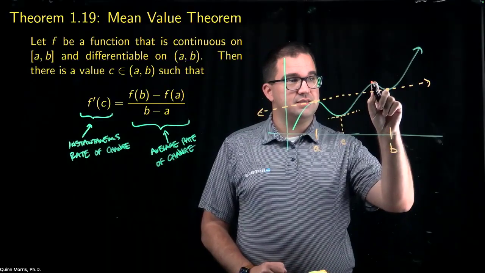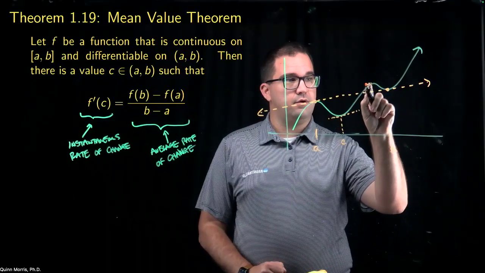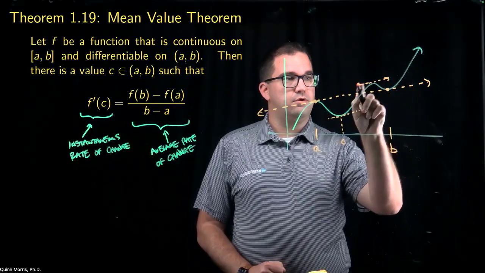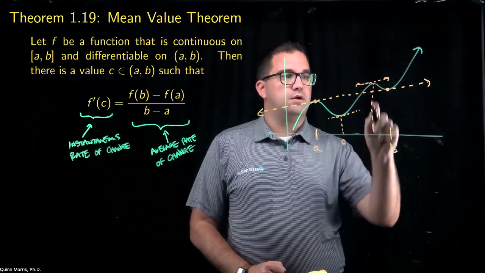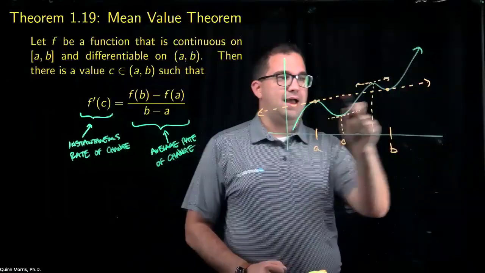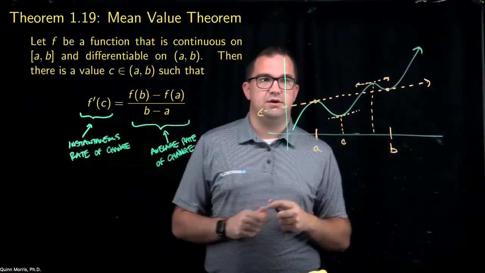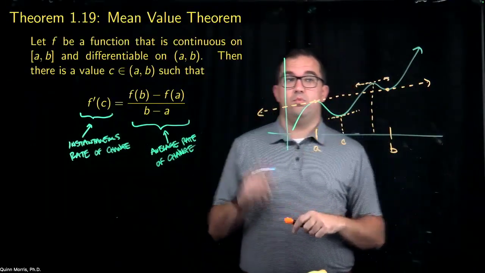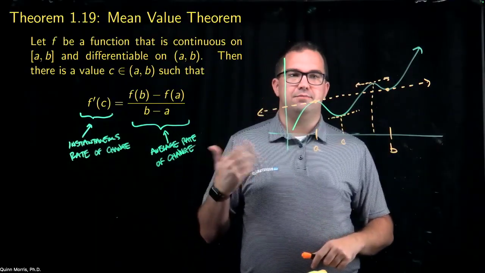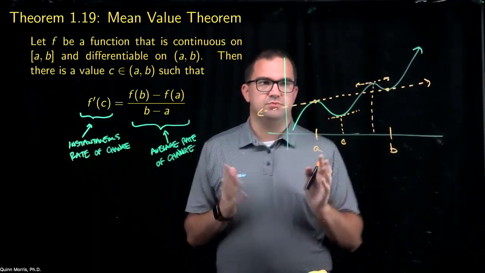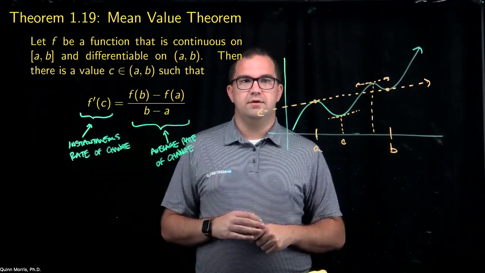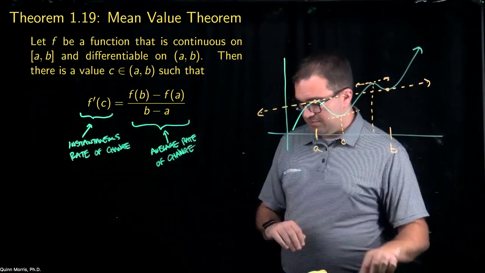And in fact, in this case, there's probably another one sitting somewhere around here. Another place where I would have the same slope as this line. So the mean value theorem says there will be at least one point, but there could be many points. You can construct examples with as many points as you'd like. But the mean value theorem says there has to be at least one.